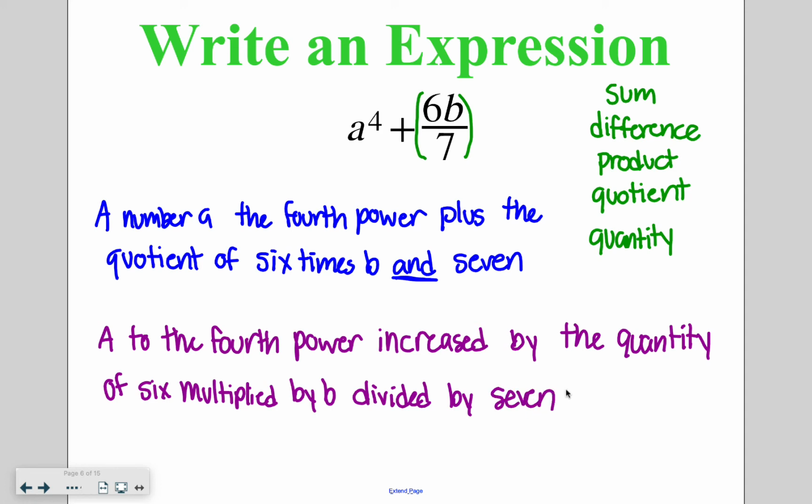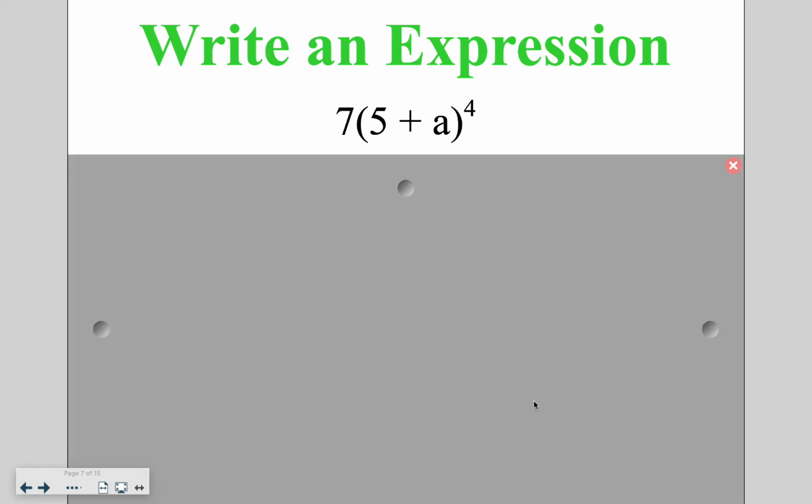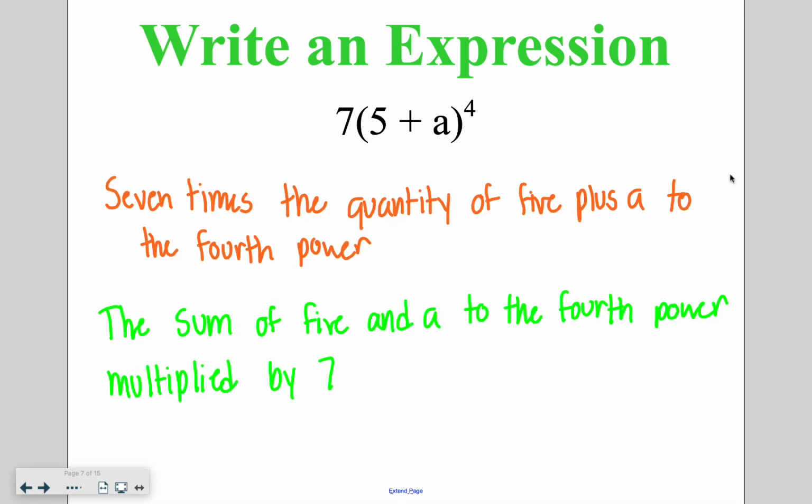So again, that quantity part indicates that whatever comes after that is a group together in the expression. Go ahead and try this one on your own. In this case, when you're doing the group, you can either use the word sum to get the parentheses around that addition, or you can use, again, the quantity, which is that universal word for grouping.